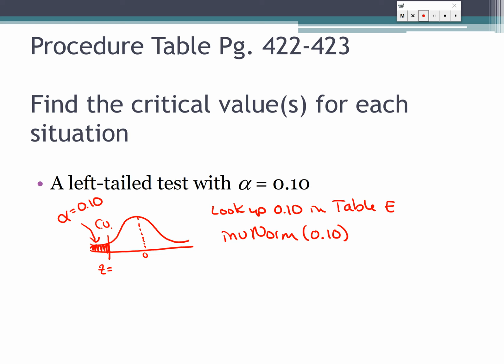You have to know the area to the left. This one should come out to be, and you can double check whichever method you like, should be negative 1.28. The left-tailed tests, those are definitely the easiest ones to find because they give us, here's the area to the left. So knowing the area to the left makes finding those critical values a lot easier.